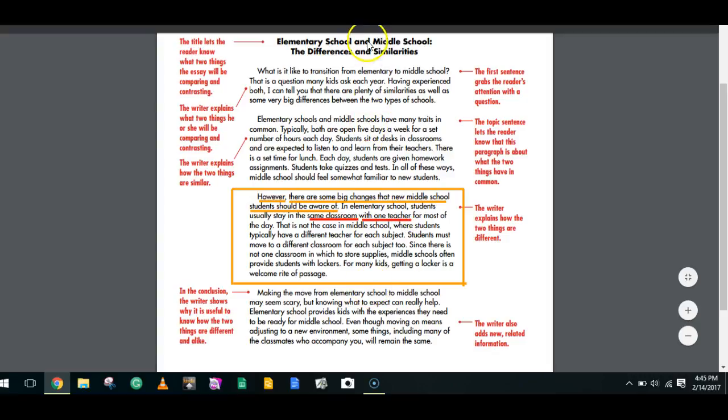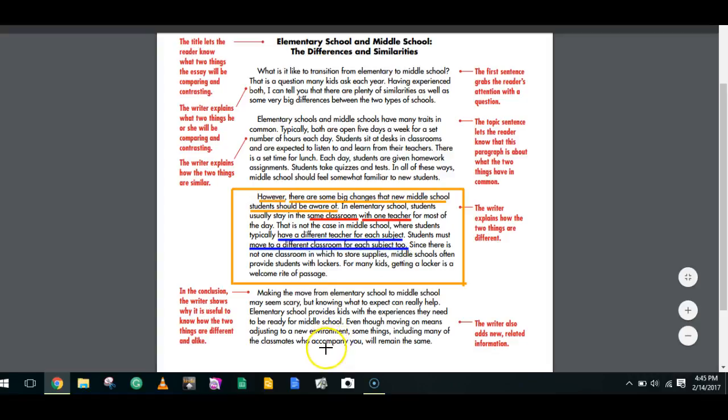Middle school, not so. You, in fact, have different teachers, a different teacher for each subject. And not only that, you have to move to a different classroom for each subject too.